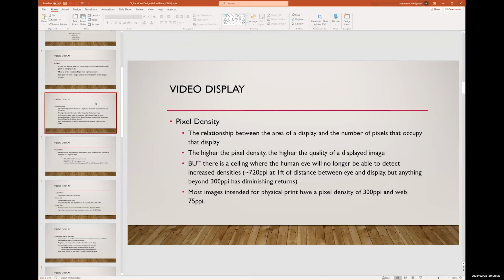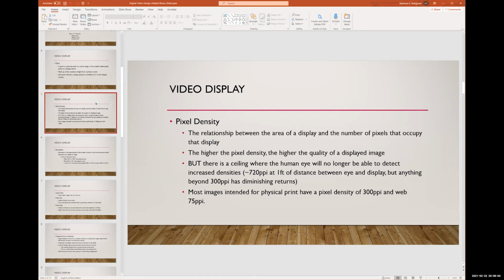All right. So the higher the pixel density, the higher the quality of the displayed image. Why? Because your eye has a limit or a threshold where it can no longer detect the differences or the slight displacement of the individual colors and the individual pixels at a certain distance. So there is a ceiling where the human eye will no longer be able to detect increased densities.